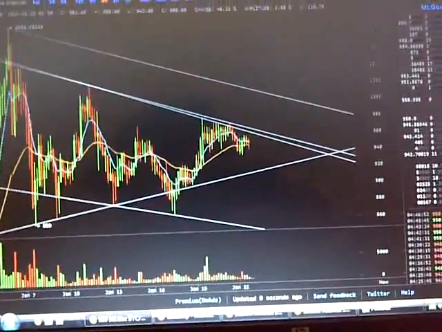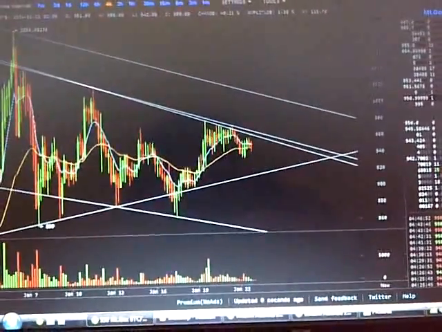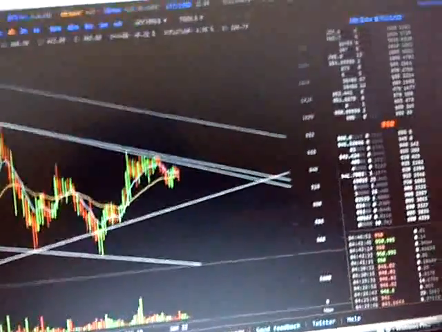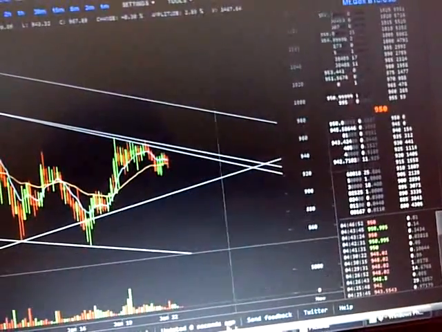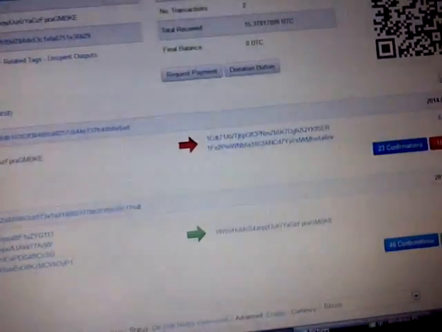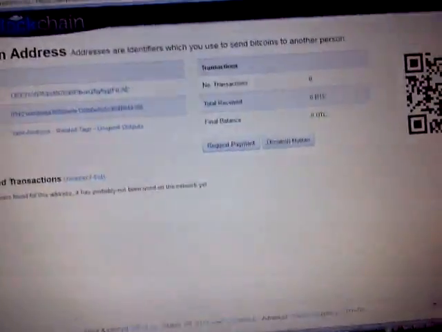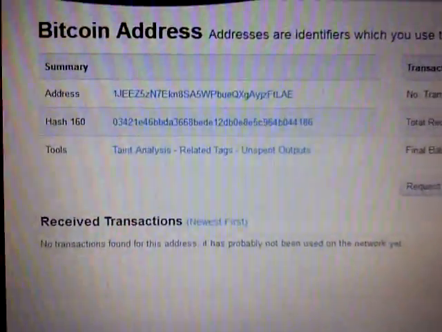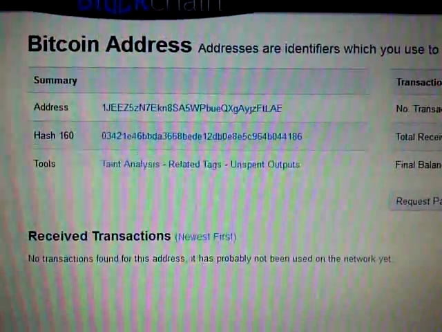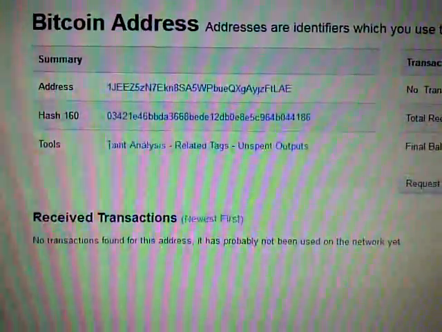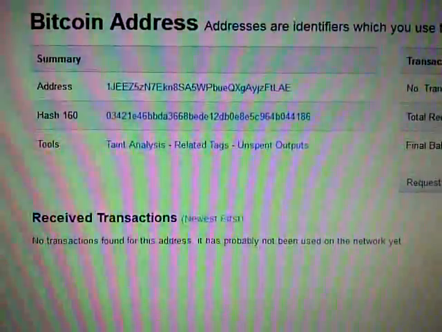I try to cover a lot of subjects here, and again, let me see here. Is it this one? No, it's this one. Yeah. Again, feel free to try this out.